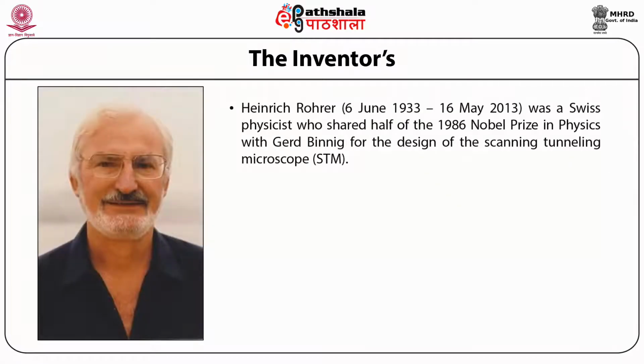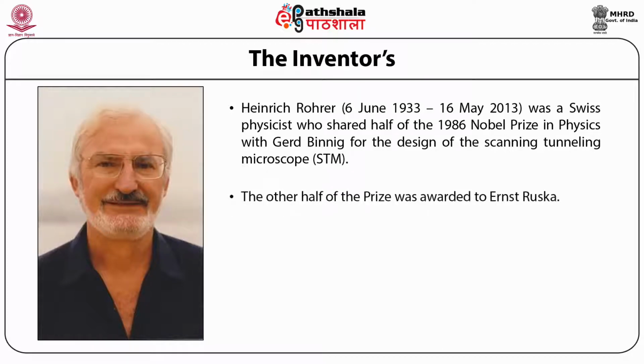Heinrich Rohrer was a co-worker of Binnig. He was born on June 6, 1933, and died on 16 May 2013. He was a Swiss physicist who shared half of the 1986 Nobel Prize in Physics with Gerd Binnig for the design of the scanning tunneling microscope.